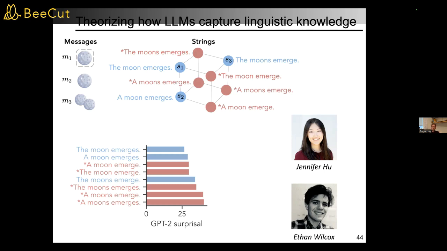For the human corpus, the strings that are ungrammatical but still occur come from errors. And in the LLM, the ones that are ungrammatical but still get probability are either there because they were in the corpus as errors, or they're in the generalization neighborhood of the strings that occurred in the corpus.